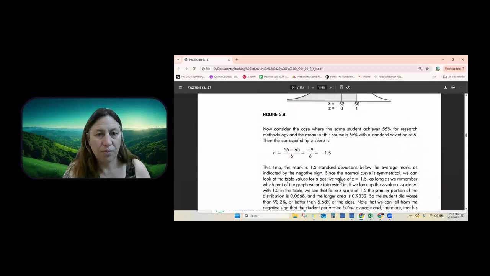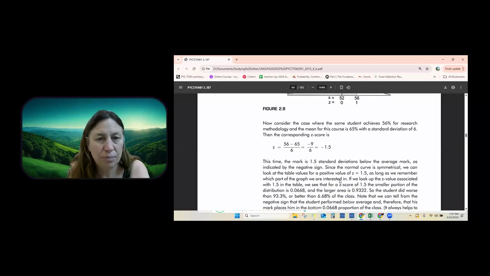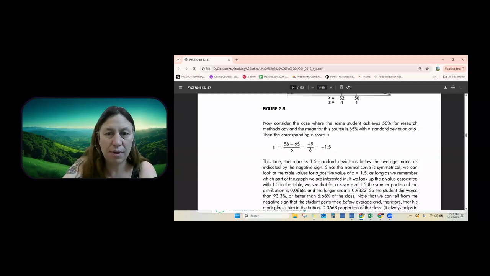Here's one more. A student got 56 for research methodology. The mean is 65% with a standard deviation of 6. So 56 minus 65 is minus 9, over 6 is minus 1.5.